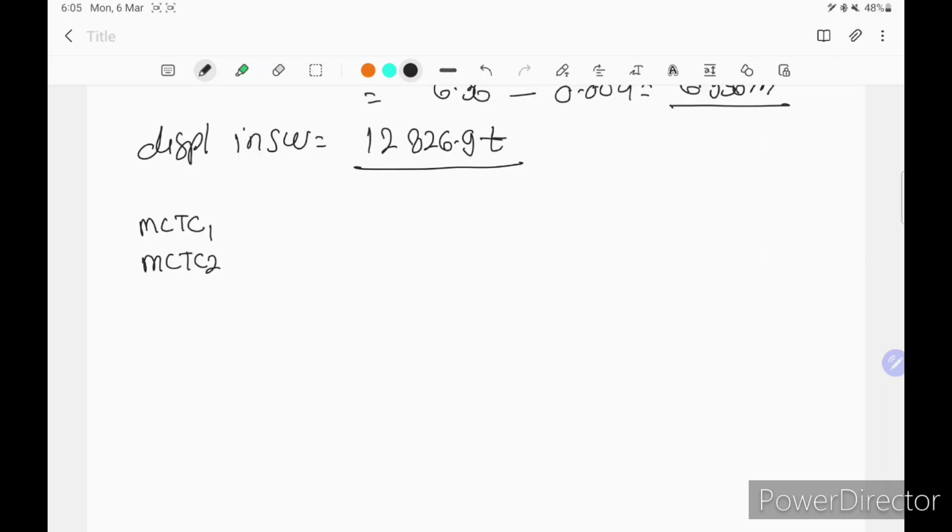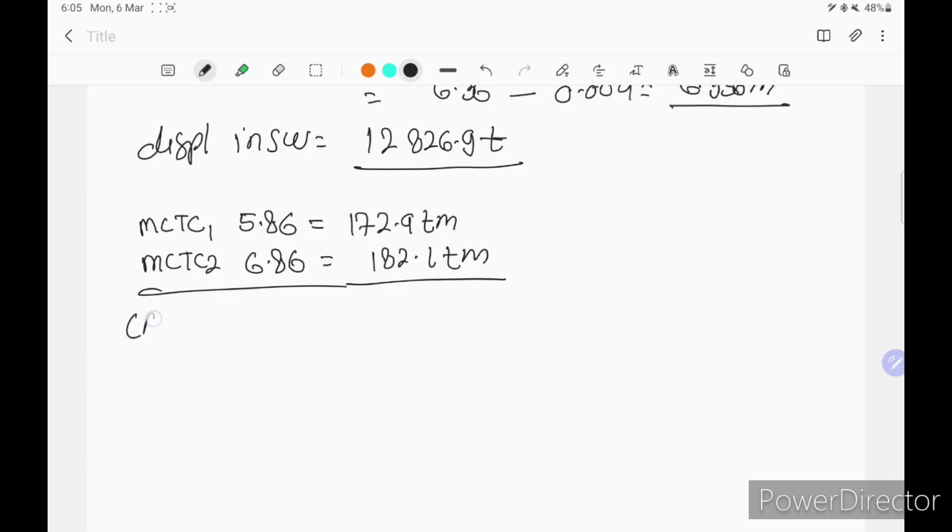Now MCTC1 and MCTC2: mean of means draft minus 0.5 is 5.86, and mean of means draft plus 0.5 is 6.86. We get these from the ship's particulars. The difference between MCTC1 and MCTC2 we get is 9.2 ton.